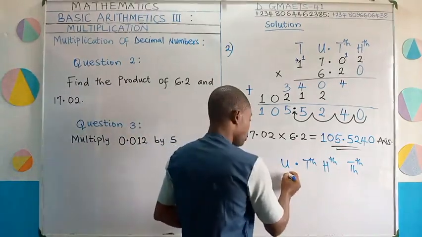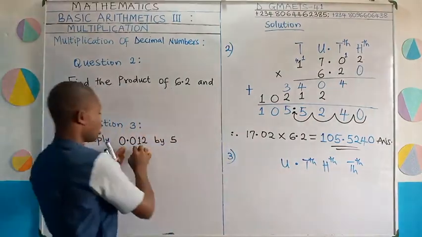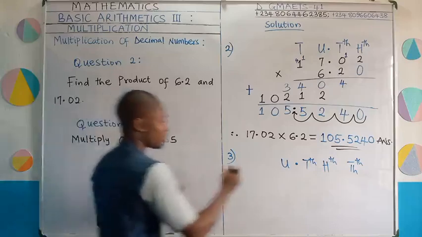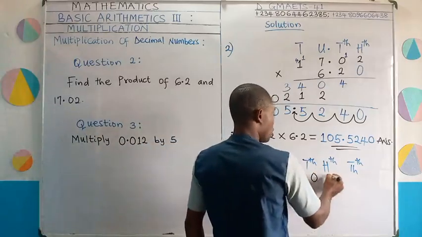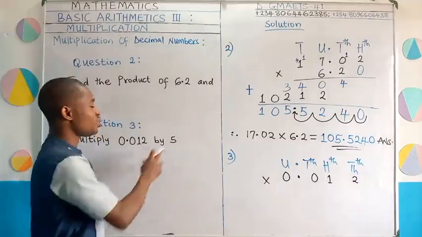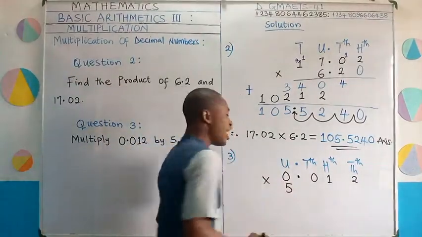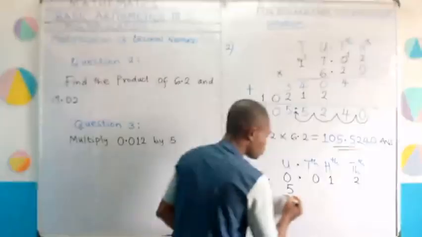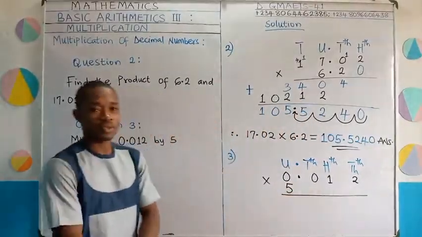So this is going to give me 0 under units for the decimal number here; 0 is the whole number part. So you have 0.012, multiplying it by 5. 5 is a unit digit, you know, so it's going to come under here, 5. Now, ordinarily, I am supposed to fill up all these empty place values with zeros.